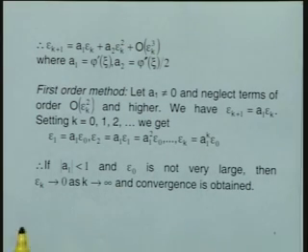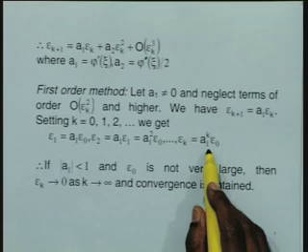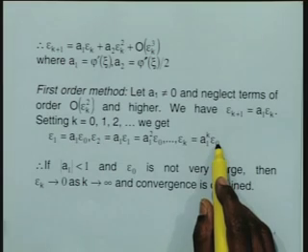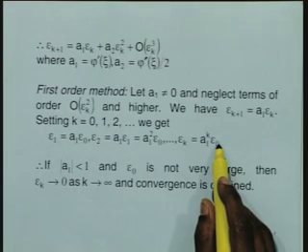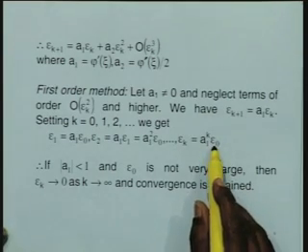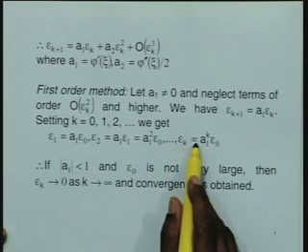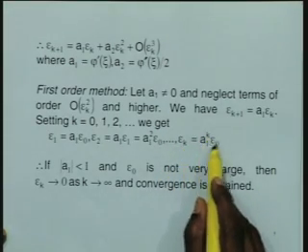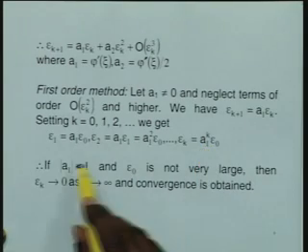Now, we can see that if this method is to converge, epsilon_0 is the initial error, the error of the initial approximation. If the error in the initial approximation is to decay, that is, it goes to 0, then epsilon_k should tend to 0. The only possibility is, as k tends to infinity, a_1^k is to go to 0, meaning the magnitude of a_1 should be less than 1.